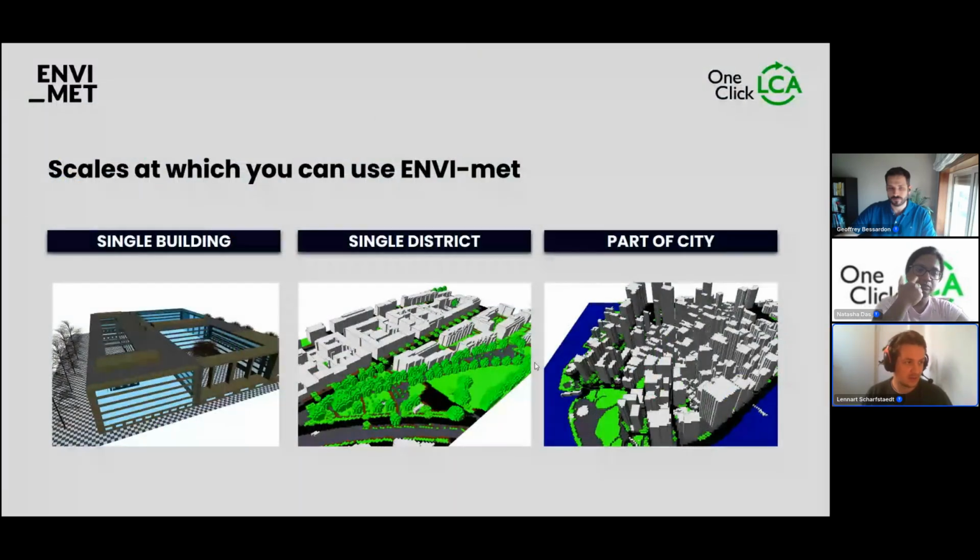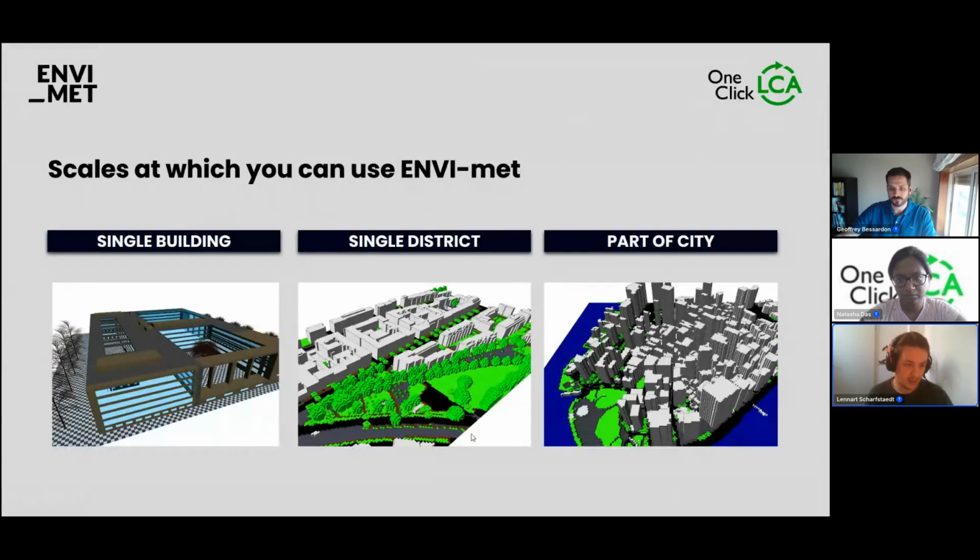We have different scales that you can do microclimate simulations with ENVI-met. For example, you can do single building simulations. As you can see here, we have a quite detailed model of a building, and ENVI-met was used to calculate the thermal comfort in these patios and around the building.